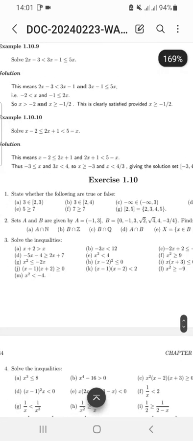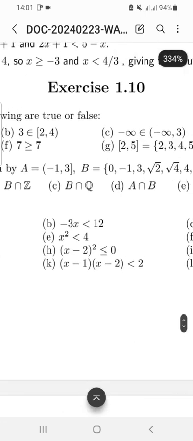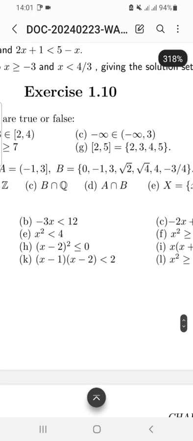Okay, so that's the integers. Then C, B intersect the rationals. So rational numbers are any numbers that can be represented as a fraction. Is 0 rational?